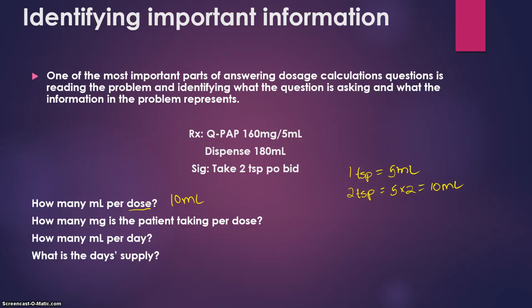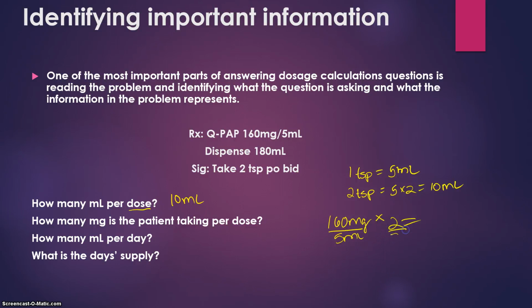So how do we calculate this? We're going to do 160 milligrams over 5 ml. And you can multiply that by 2, right? Because they're taking it twice.